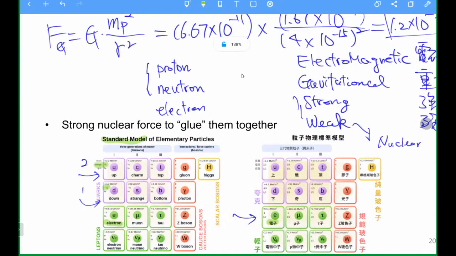And then why can the atoms hold so many positive particles? It is due to the gluon. In Cantonese, it's called gaoji. It's like the glue that glues the quarks together so that it can hold up to be an atom.